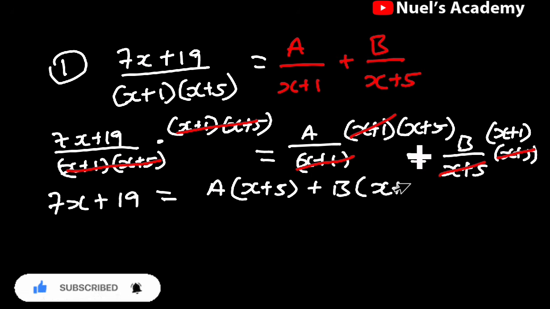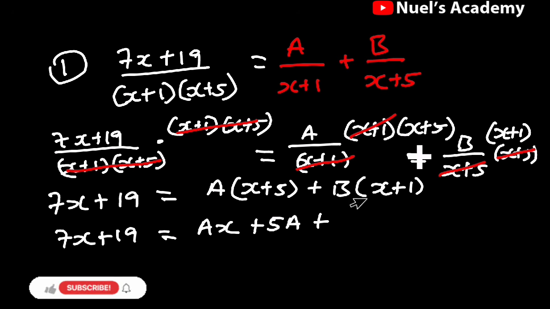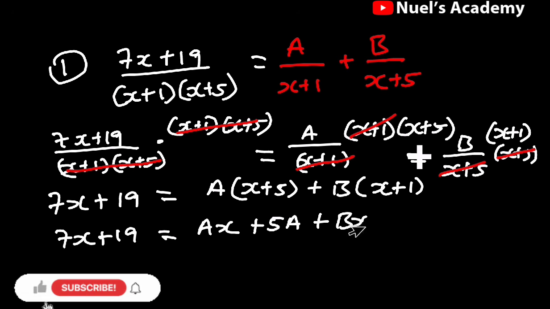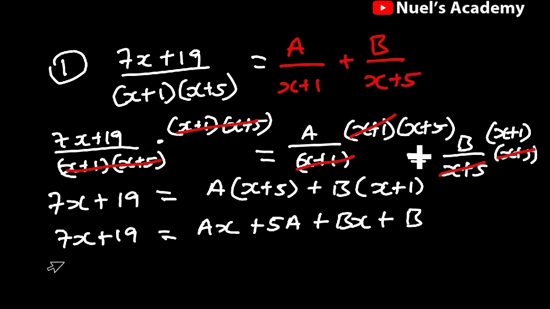So we have 7x + 19 is equal to, let's open this parenthesis, A times x is equal to Ax, A times 5 is equal to 5A, then plus B times x is equal to Bx, plus B times 1 is equal to B. So we have 7x + 19 is equal to, let's collect like terms, those that have x and then the constants.